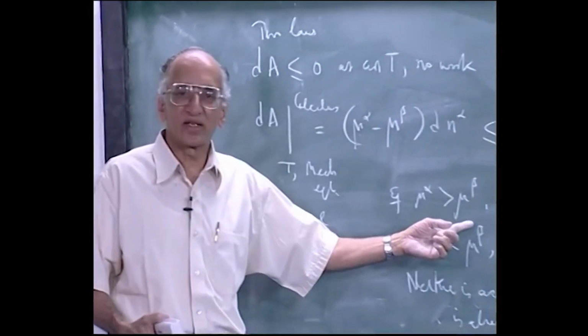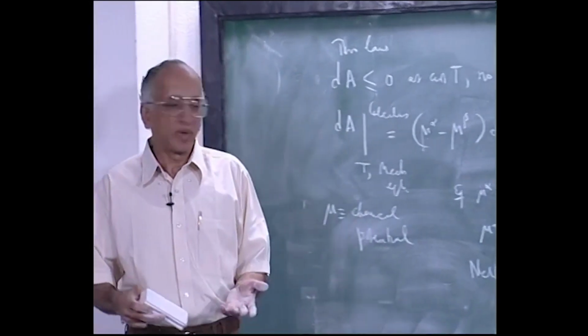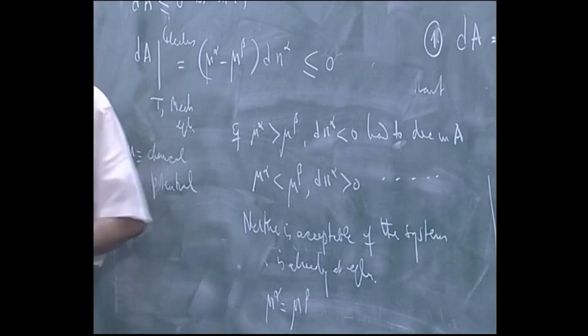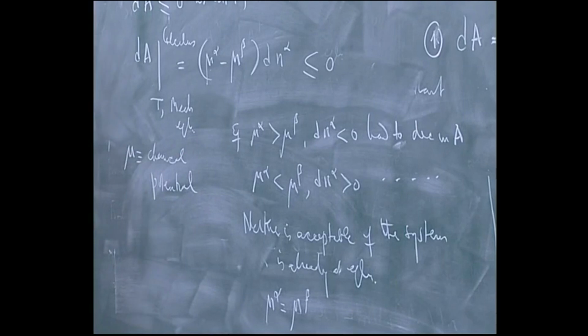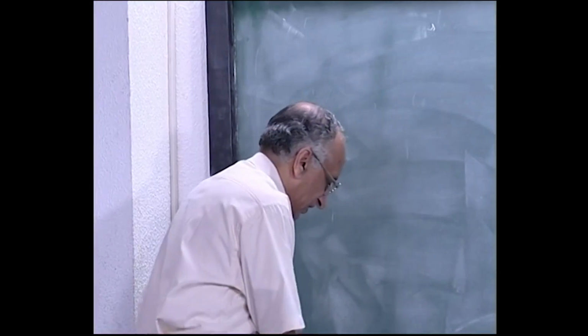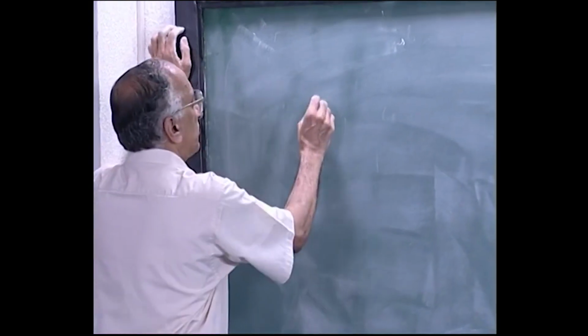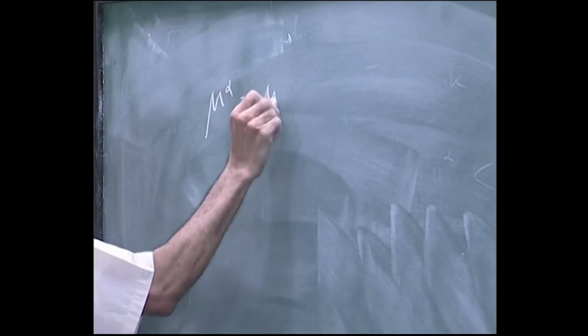You assume mu alpha is greater than mu beta, then by transferring moles away from the alpha phase I can decrease the free energy, which is absurd because I am already at equilibrium. So you assume first of all that you cannot decrease the free energy, and then you show that if this is true then you can decrease the free energy, then you could not have been at equilibrium, or this is not true. So what we have is we proved that mu alpha is equal to mu beta.